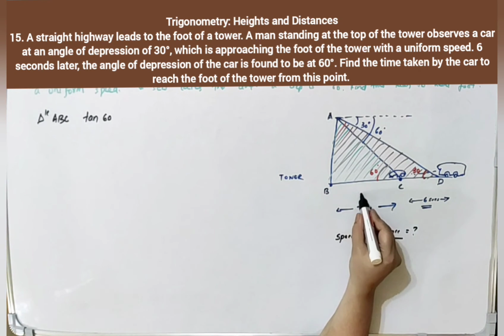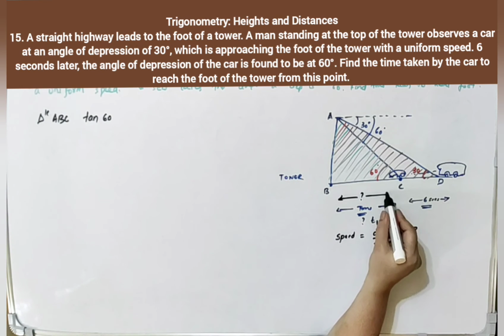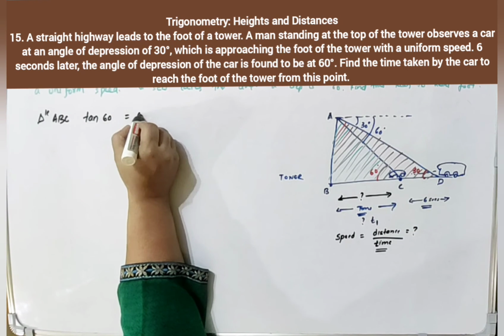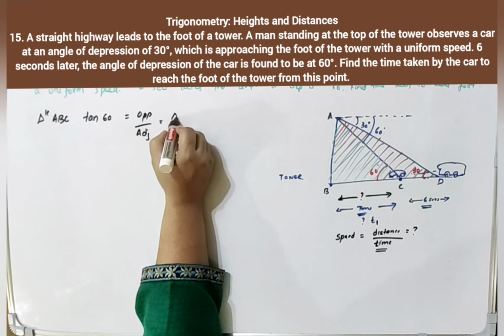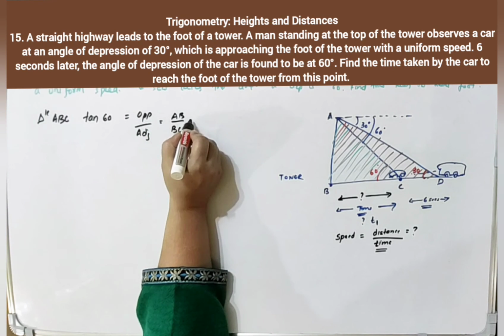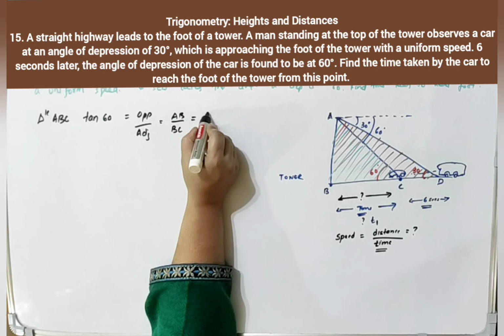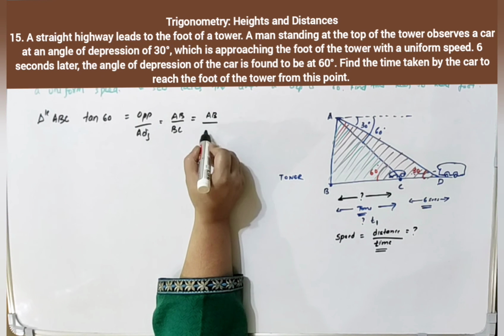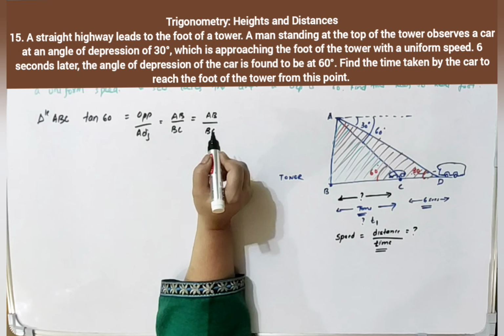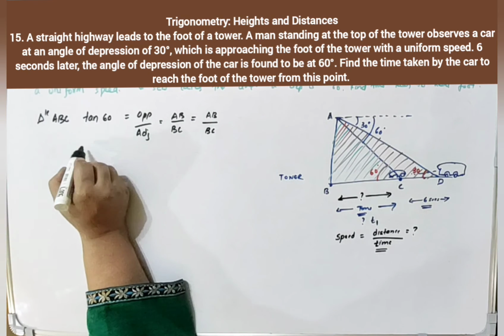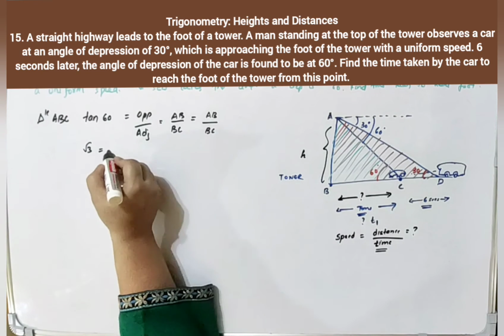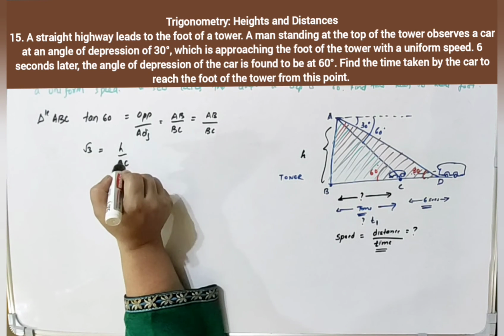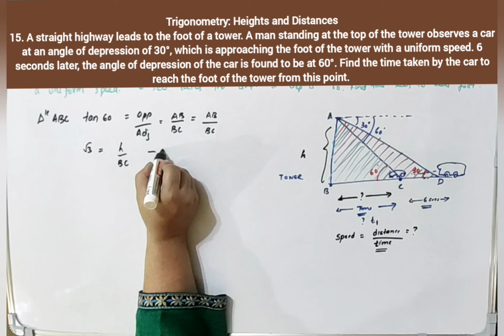So tan 60 is opposite by adjacent, and that is AB by BC. AB we don't know, and BC also we don't know. So tan 60 is √3. We'll say AB is H, so we'll call this H by BC. Let's call this equation 1.